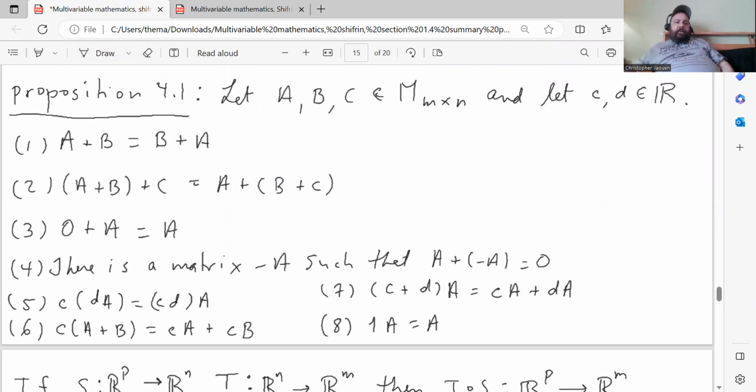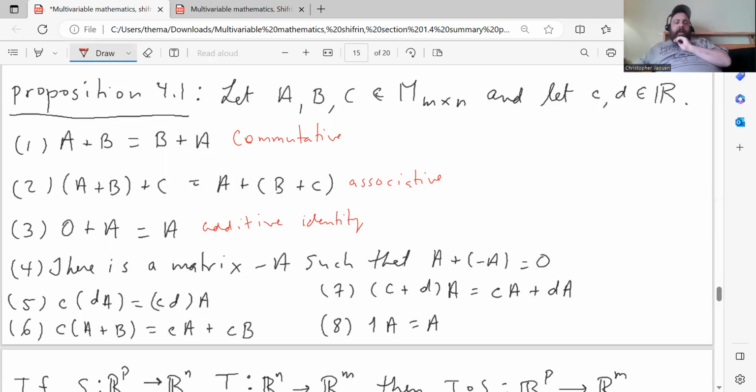So there's a commutative law for addition. There's an associative law for addition. 0 is the additive identity for matrices. The zero matrix is the additive identity.